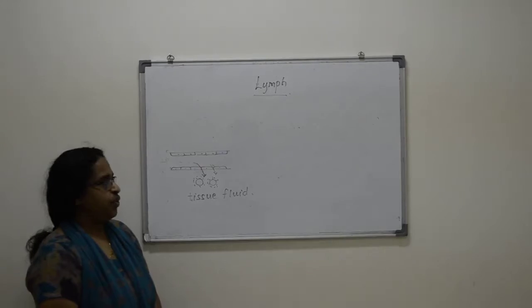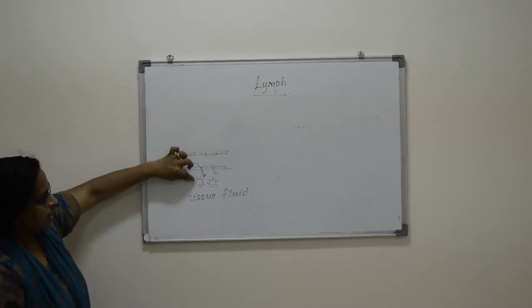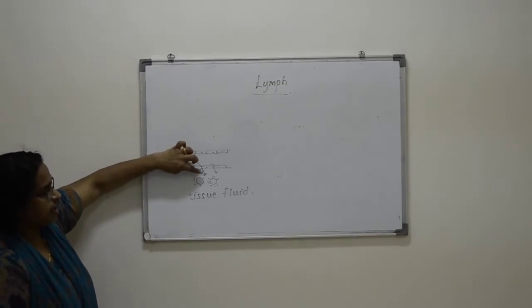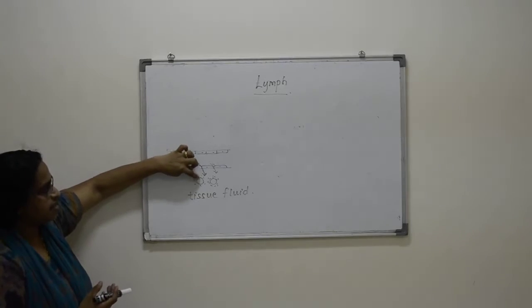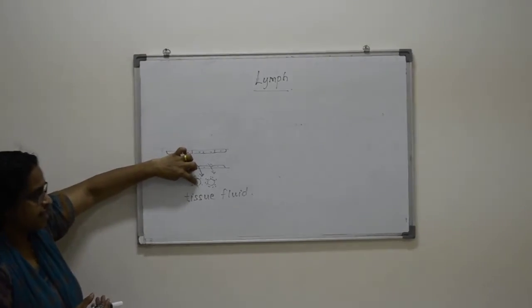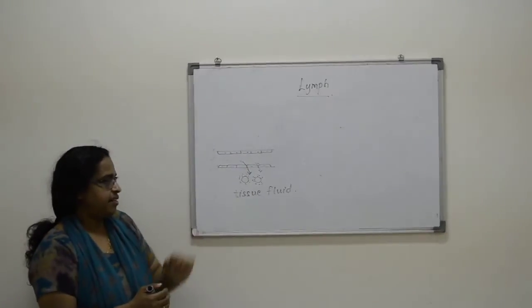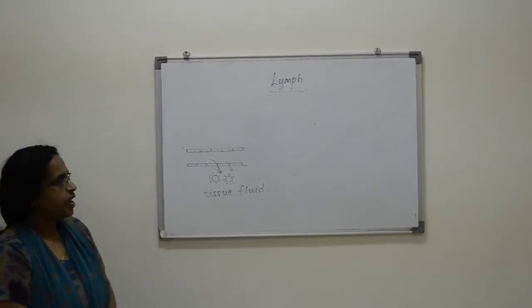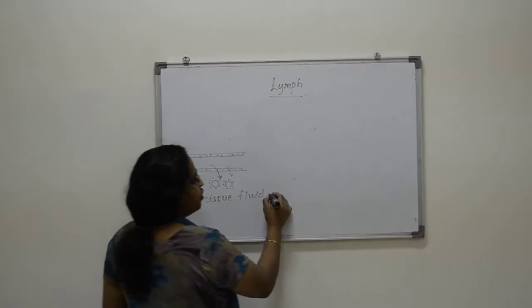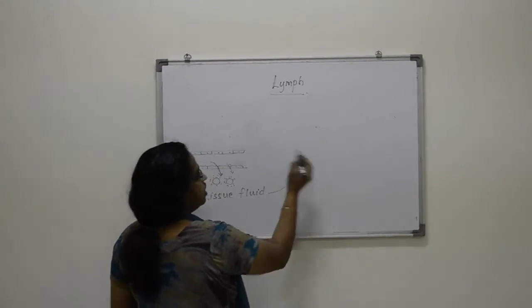Then from the tissue fluid, the things that are needed by the cells will be given to the cells, and the waste will be taken back into the blood or tissue fluid. And then the tissue fluid will go back into the blood.